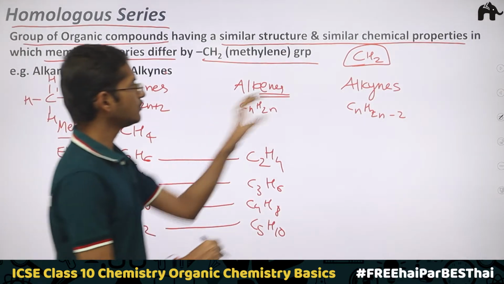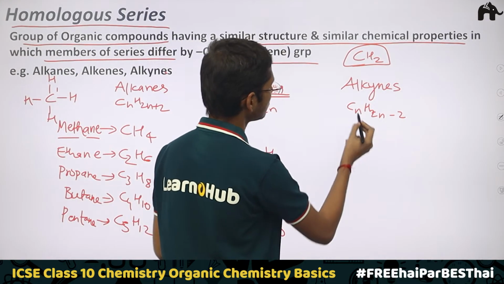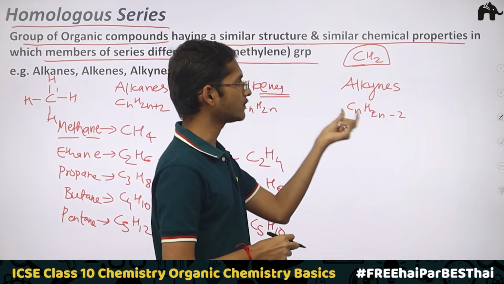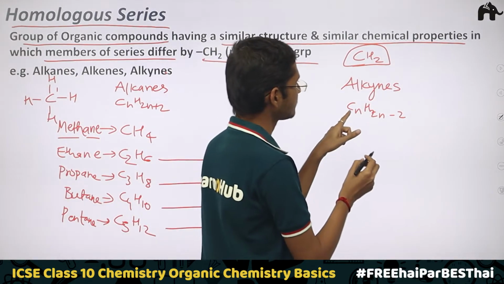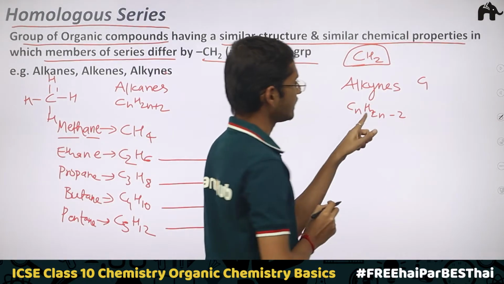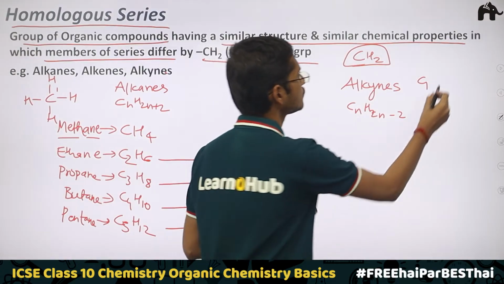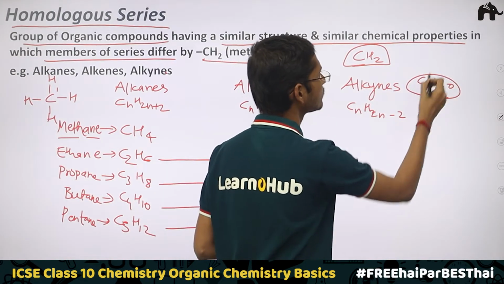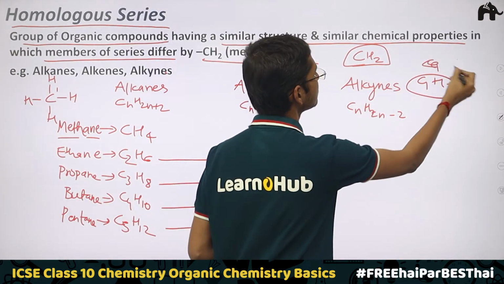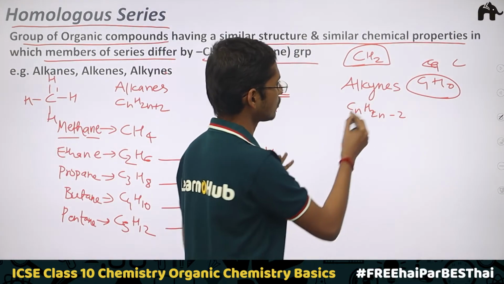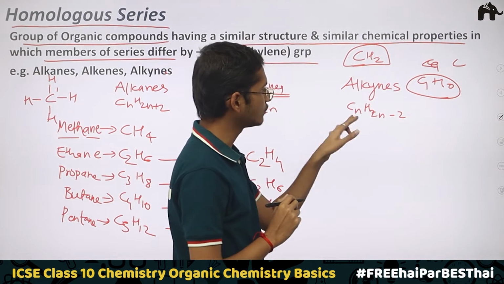Now coming to the alkynes. Here also, by taking n as 1, we won't get the first member of the alkynes. Why? Because here C1, H 2 into 1 is 2, and 2 minus 2 is 0. So C1H0. This is not a compound. This is simply one carbon atom, which we are getting from the formula. So 1 is not giving us the first member, so we try with 2.